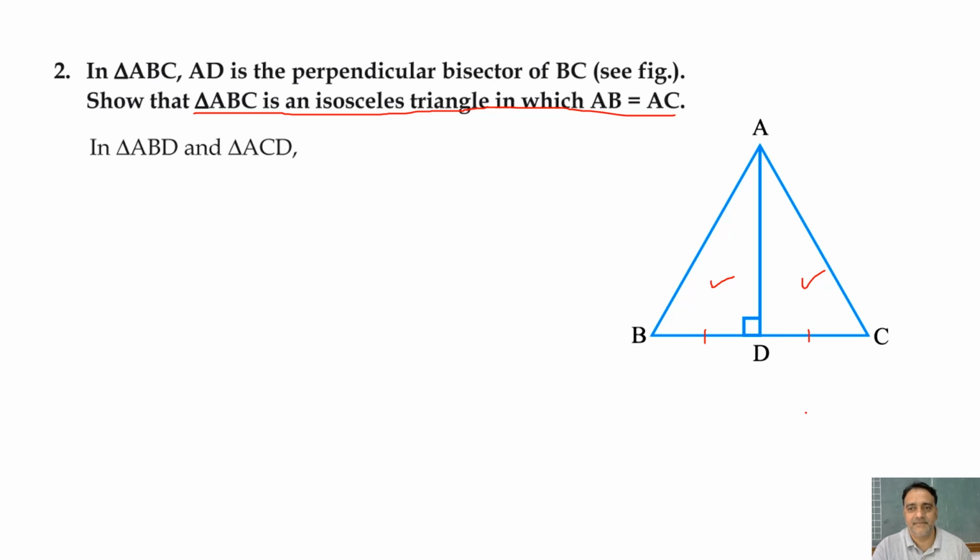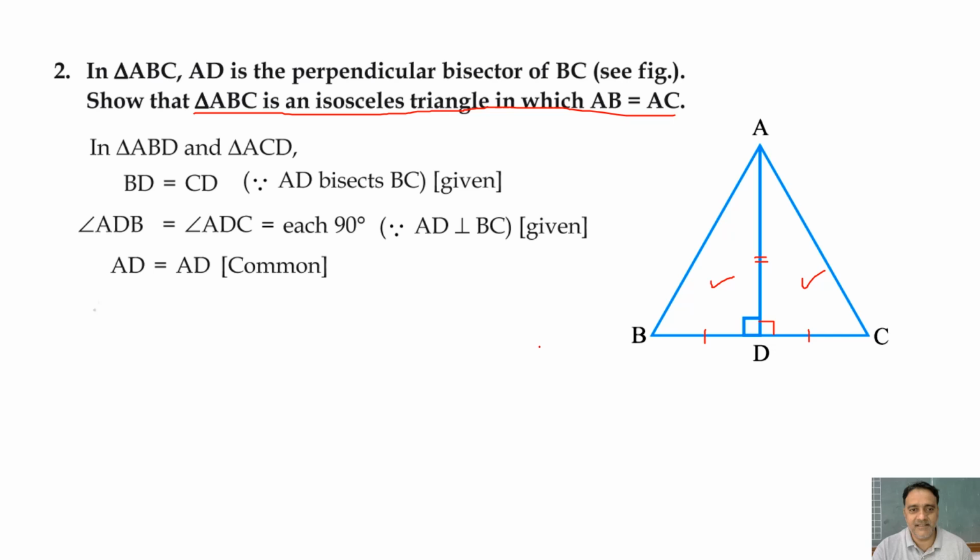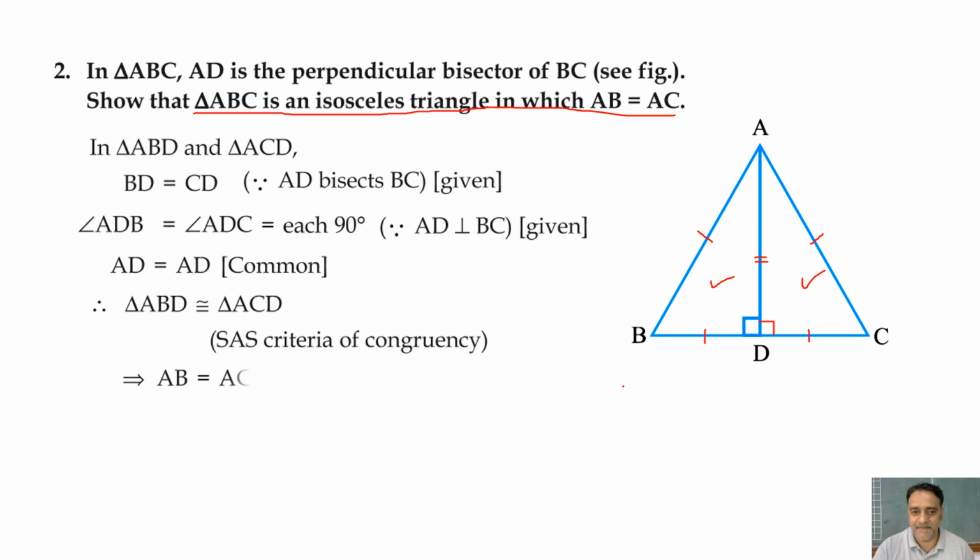AD is the bisector of BC, and these two angles are also 90 degrees each, because perpendicularity is given, and AD is common. So these two triangles are congruent by which criteria? Side angle side. So AB is equal to AC by CPCT. Hence triangle ABC is an isosceles triangle.